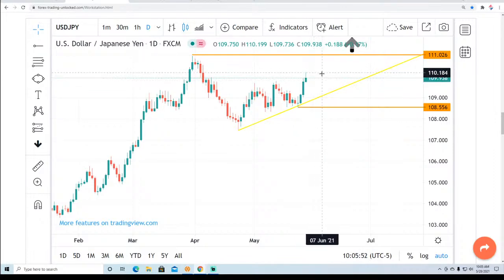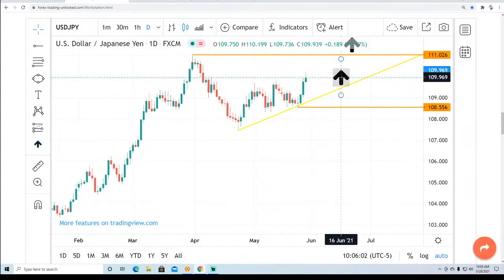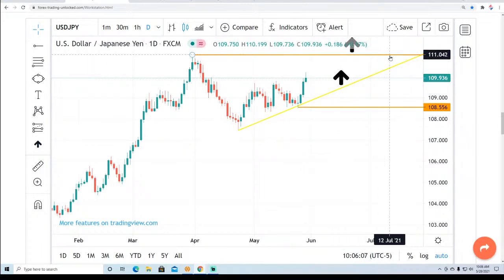Should oil get above 66 and get back to that 67, 68, $69 a barrel territory, odds are very likely that the US dollar yen is going to continue to stay above this rising support line here and look for a challenge of 111.02, 111 even, basically.